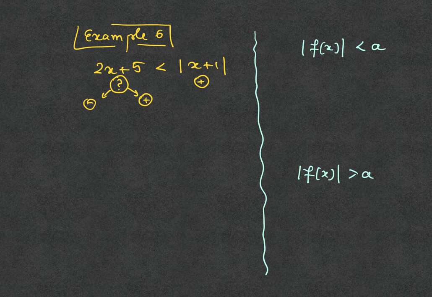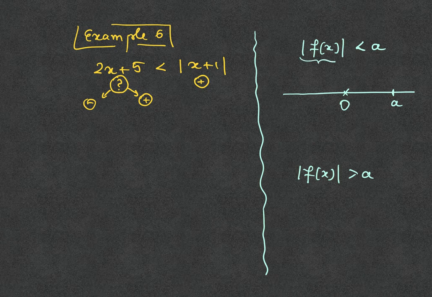complementary of it. So if we know that the absolute value of f of x is smaller than a, think of a, of course, a needs to be a positive number or positive value, right? Because the left-hand side is positive. So think that a is somewhere here. And you want the distance from f of x to the origin to be smaller than a.